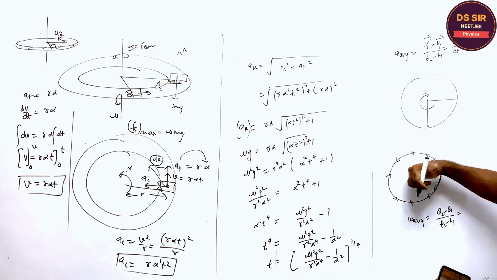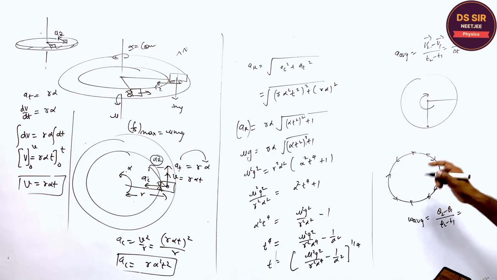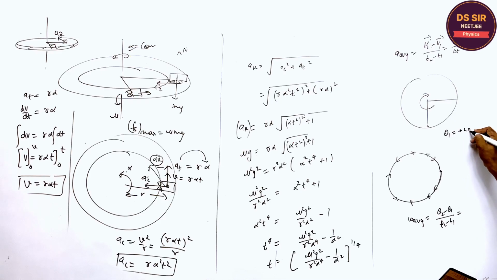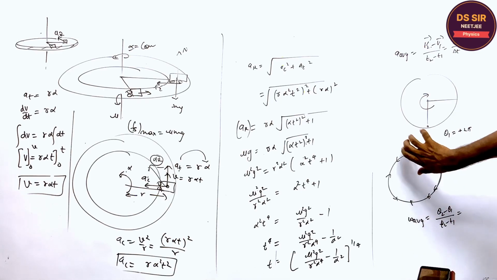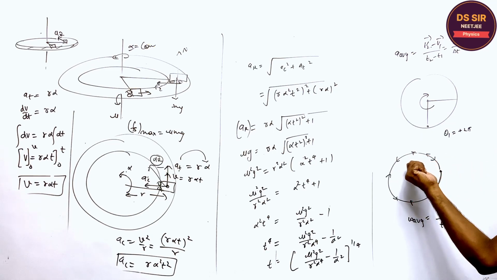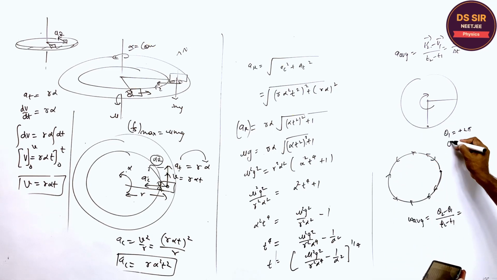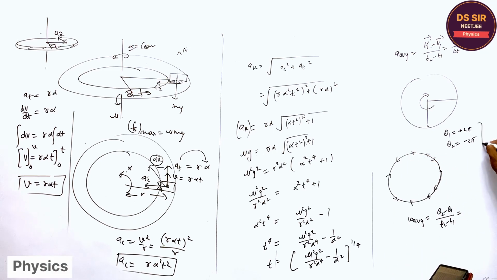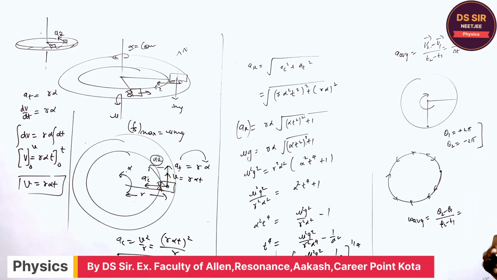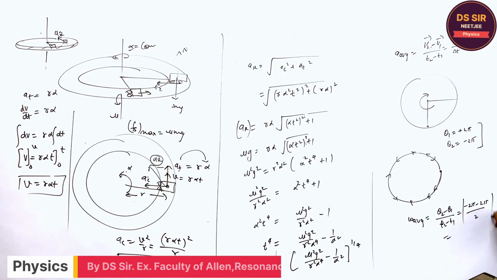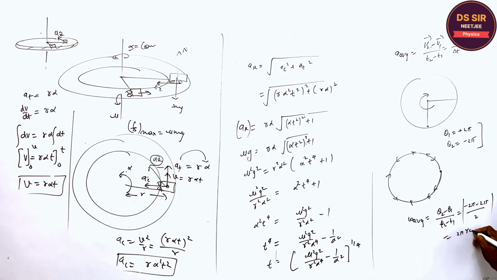If you take this as the positive side, theta 1 is plus 2 pi, and theta 2 is minus 2 pi. Do you understand this or not? And the total time is 2 seconds. If you take the magnitude, 2 pi radian per second is the angular velocity. It should be the answer.